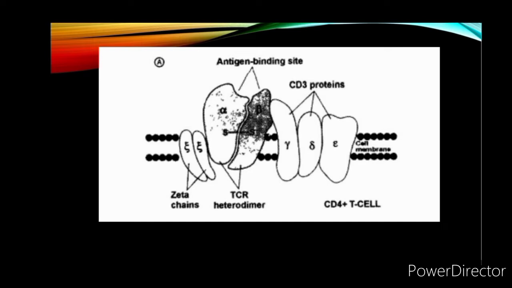This figure is the schematic illustration of the TCR alpha and TCR beta polypeptide chains linked to the CD3 and zeta chain molecular complex.